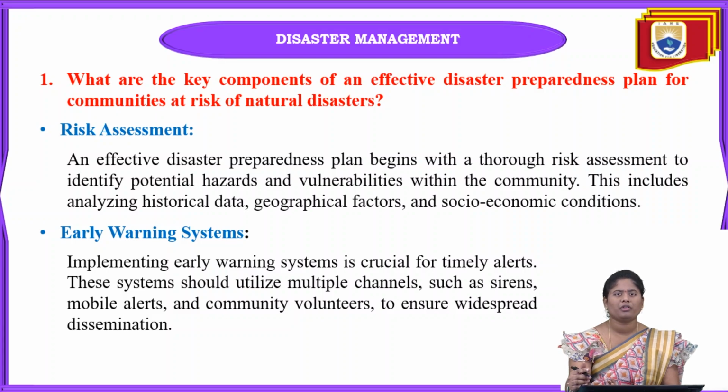If you are going to have any type of disaster, what components may it have? Risk assessment, early warning system, and also the duties of these communities when a natural disaster is going to happen. The first one is risk assessment.